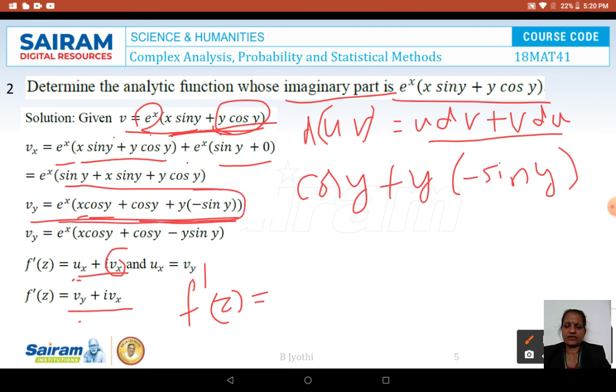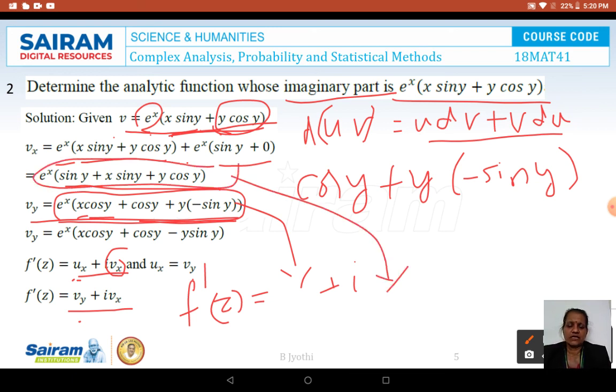This is the vy. This part plus i into Vx. What was our Vx? This is the Vx part. So this part. If we substitute again x is equal to z and y is equal to 0, what do we get? We will be getting f dash of z. Let us see in the next slide.